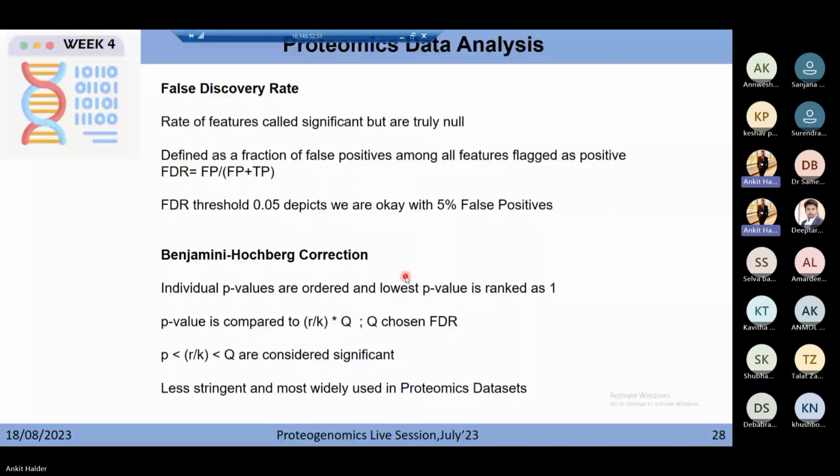Through mass spec we could identify the peptides. Now this week we will see how we can do normalization and missing value imputation using free software. So how we can perform those analyses will help us in understanding.